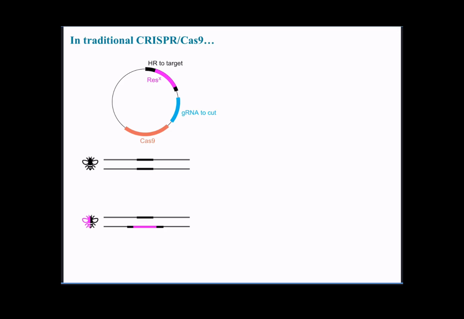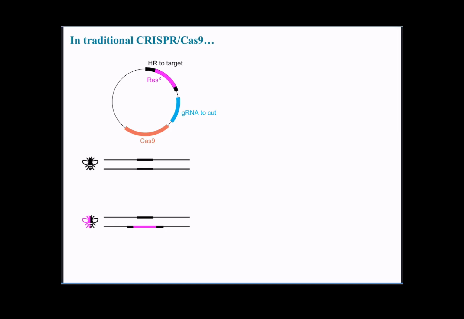Generally, in a CRISPR construct, you have your sequence for coding Cas9, the enzyme that you need for doing the cutting, your sequence for transcribing that sgRNA that will guide Cas9 to your target site, and then you have your therapeutic or transgene of interest flanked by homology regions that are going to be integrated into your target genome.